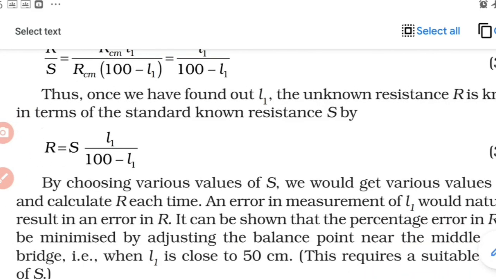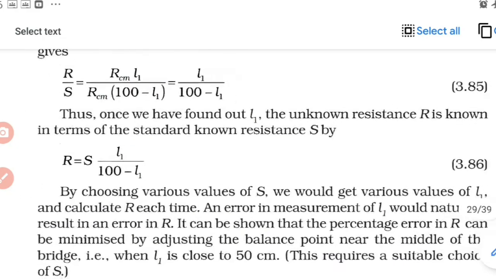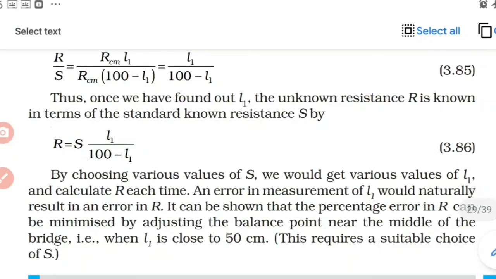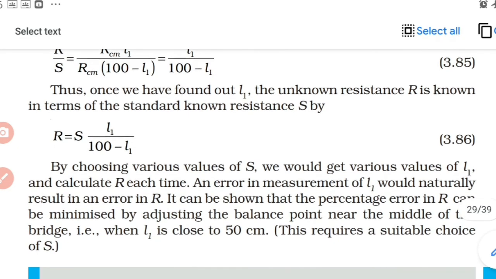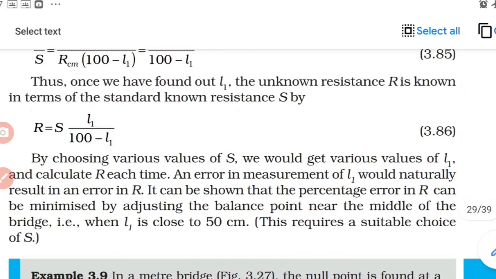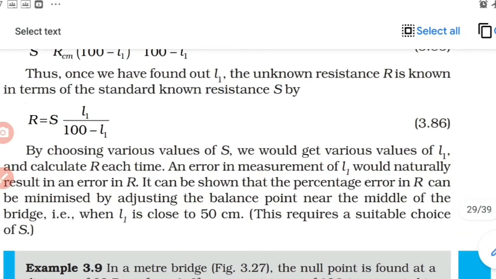L1 is called what? Balancing length. In the experiment, when you do this in the lab, this is an experiment for your practical, you will find that point where the galvanometer shows zero deflection or null deflection, and that length we call the balancing length.